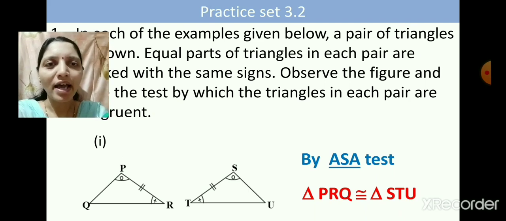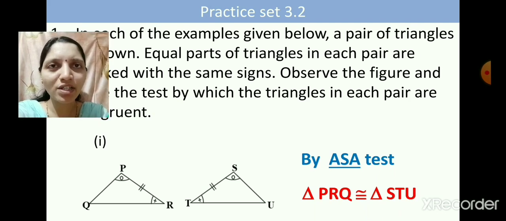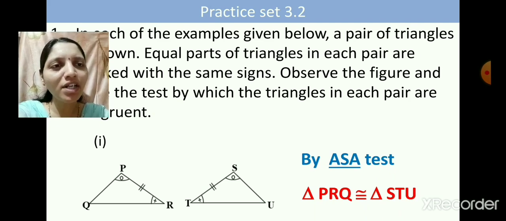Because vertex P corresponds to vertex S, vertex R corresponds to vertex T, and vertex Q corresponds to vertex U. That is why, while writing the name of the triangles, we have written triangle PRQ is congruent to triangle STU. So always remember, while writing the name of the triangles, you have to see the correct correspondence between these two triangles. I hope you all have understood this.